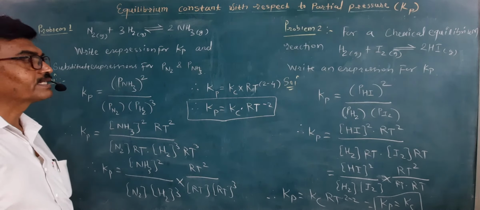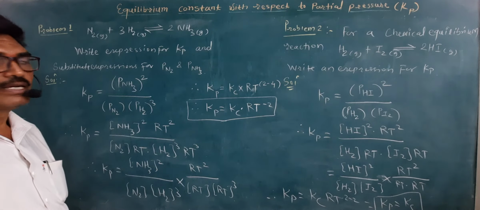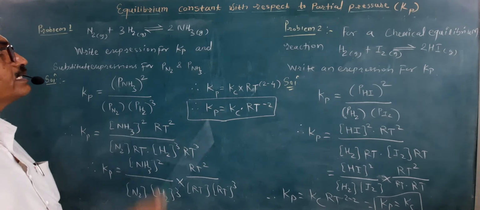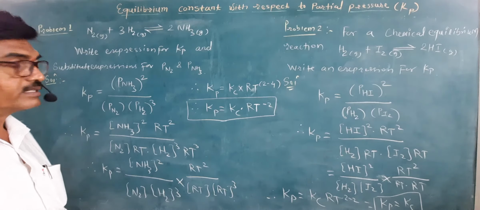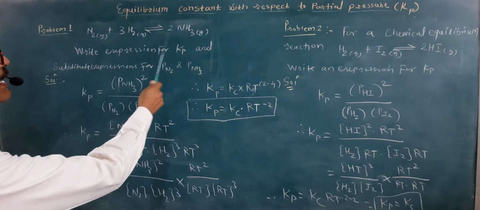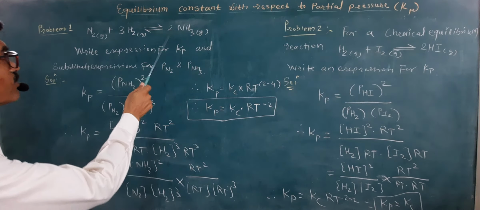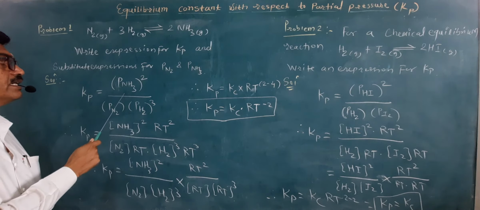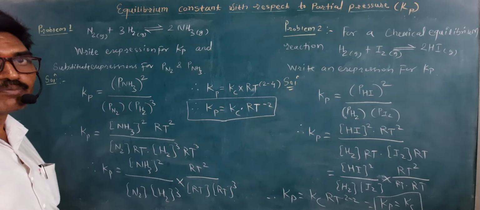Instead of Kc, we have to write Kp if all the reactants and products involved are ideal gases. At that time, how can Kp be written for this reaction? Simple, look at this. Instead of molar concentrations, we have to write the partial pressures.